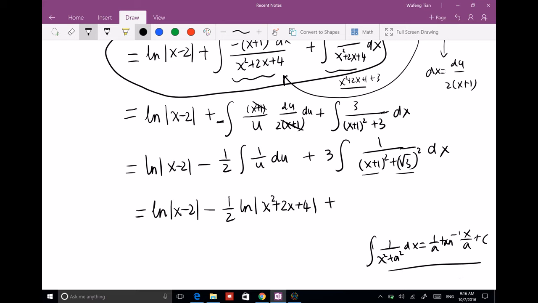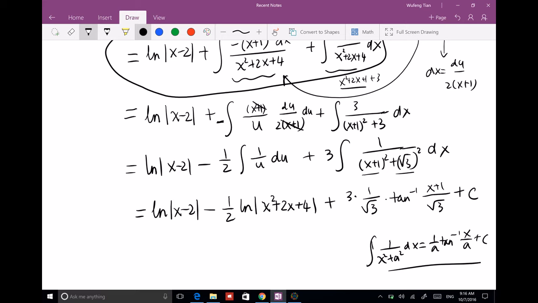After I give you the formula, can anyone help me with it? 1 over 3 times 1 over root of 3, 1 over 3 times the u, times the tan inverse of x plus 1 over. Very good. Thank you very much, Lacey.